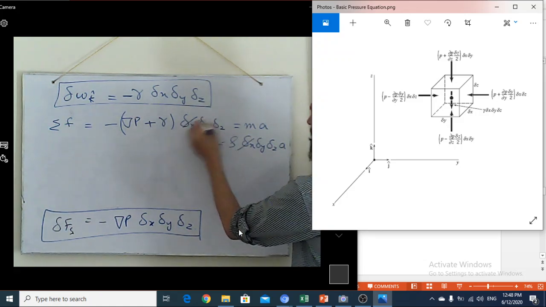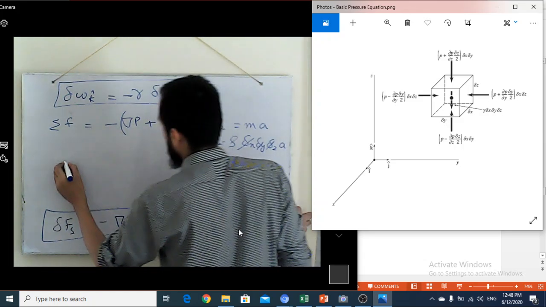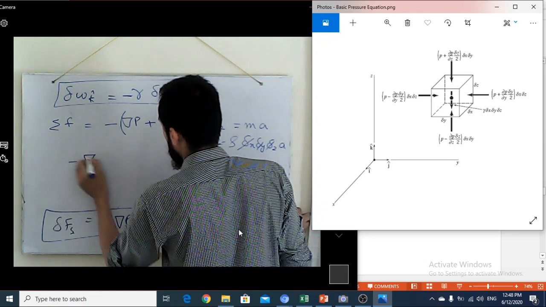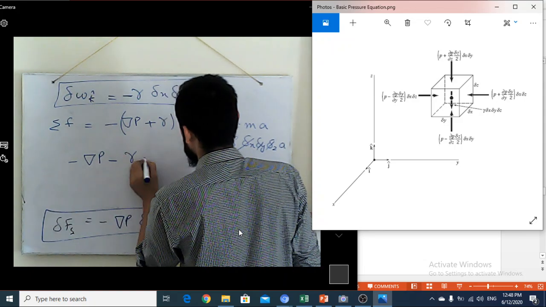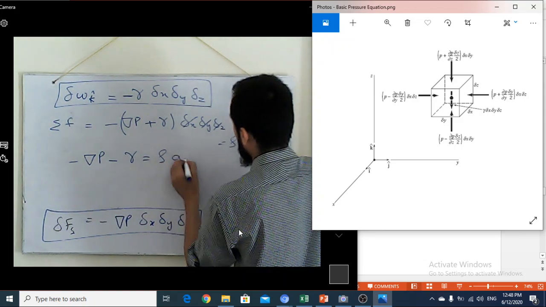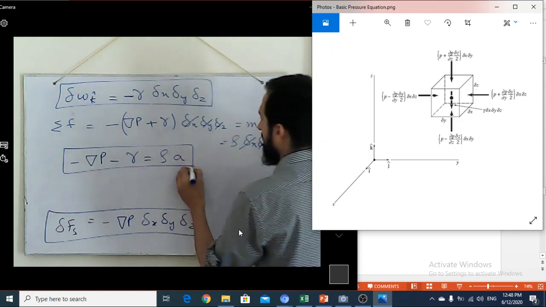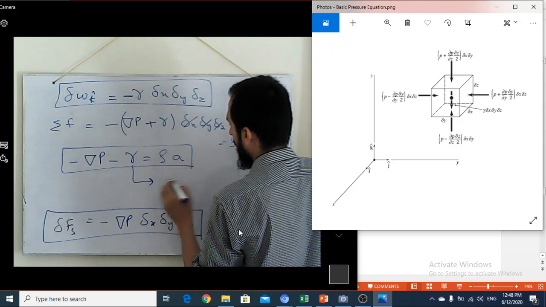So it will cancel out the delta values, and your equation will be like this: gradient P minus specific weight is equals to rho into A. So this is the general equation of pressure.